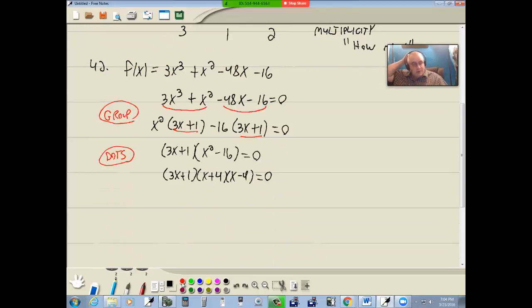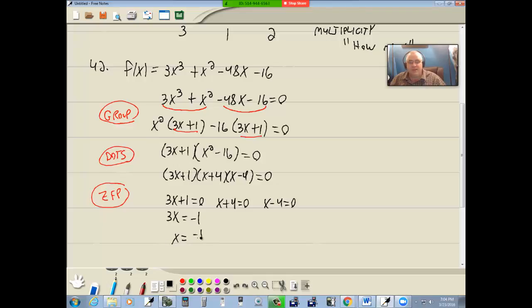So the zero factor property says you get 0 on one side, you factor the other side, you set each factor equal to 0. So I'll set 3x plus 1 equal to 0, I'll set x plus 4 equal to 0, and I'll set x minus 4 equal to 0. So here I'll take the 1 over, it becomes a negative 1.